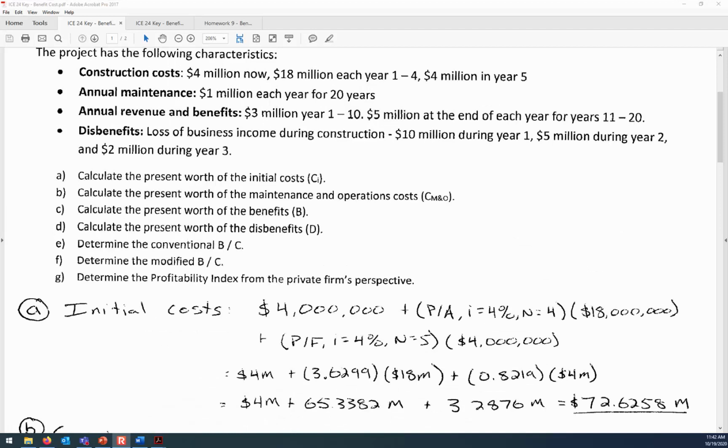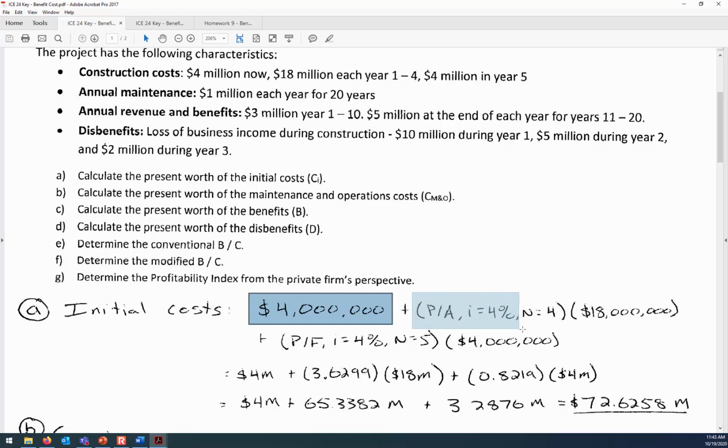Okay, I've got the solution for the first part A on the screen there. So let's just look at what we're doing to find the present worth of the initial costs. We've got 4 million that's already at the present, so it doesn't need any factor. And then there's 18 million a year for 4 years.